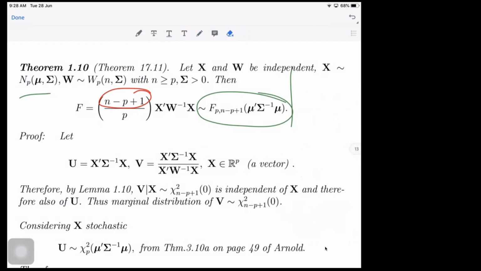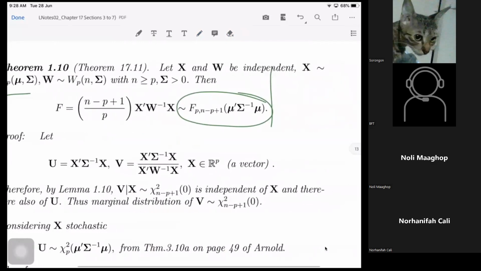So you have to rewrite this as a ratio of non-central chi over central chi. To prove this, we should write it as such. Are you with me? It should be a non-central chi over a central chi, a ratio. So to do that, let's start with this notation.